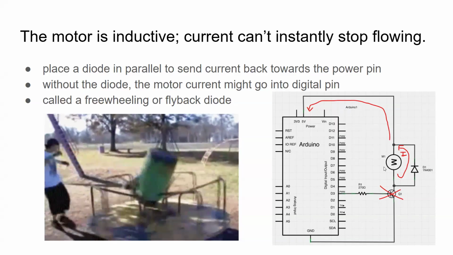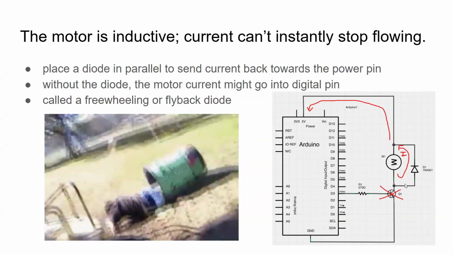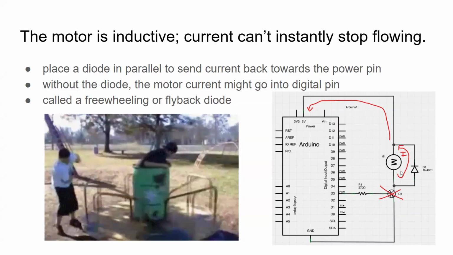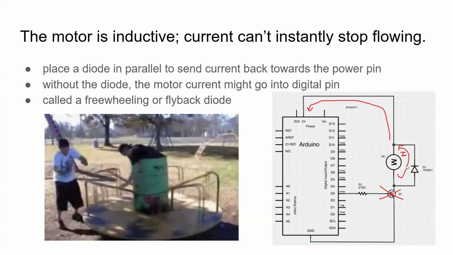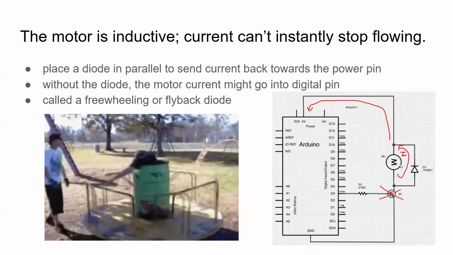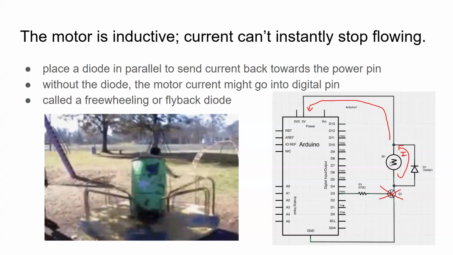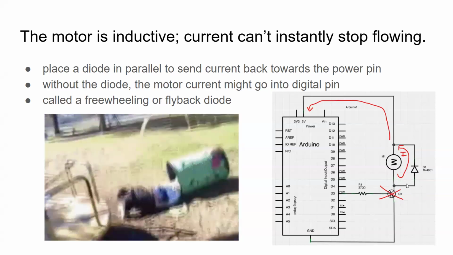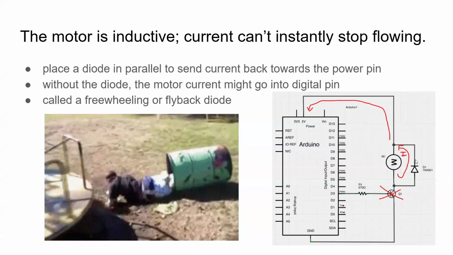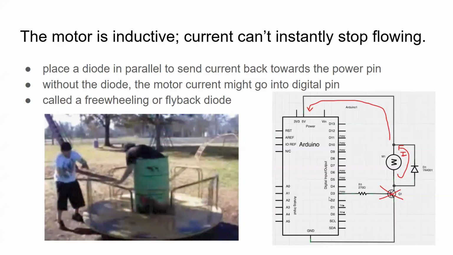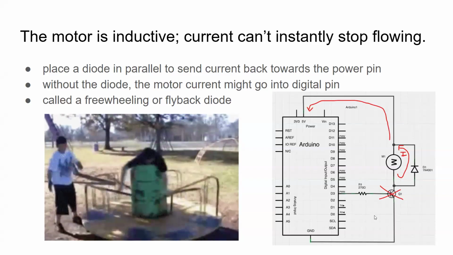It'll take a lot of force to stop that merry-go-round from spinning, much like it'll take a lot of force to stop this inductive load, this motor, from spinning. And so what we'll do is put this diode such that the current can keep flowing, but the current will flow back into the power pin instead of back into one of these digital pins or ground.